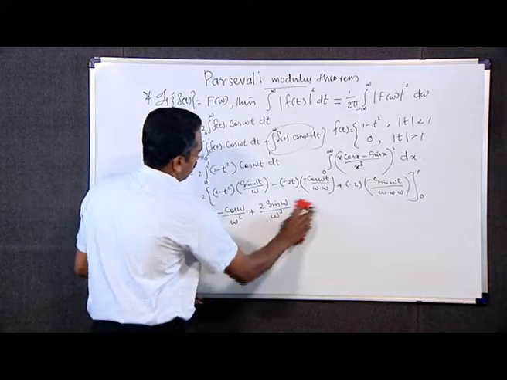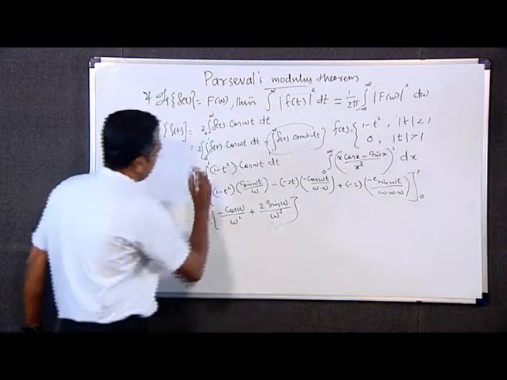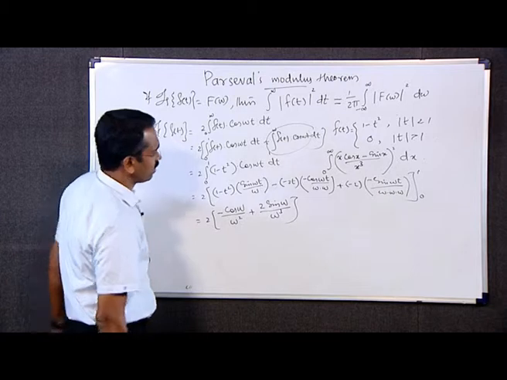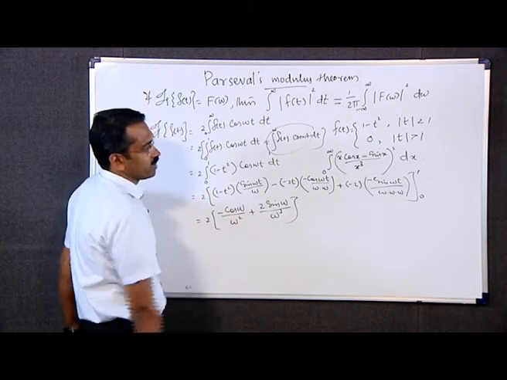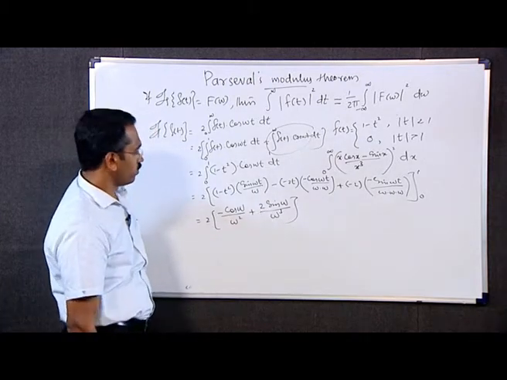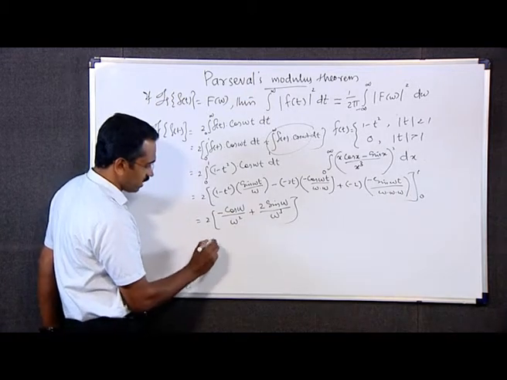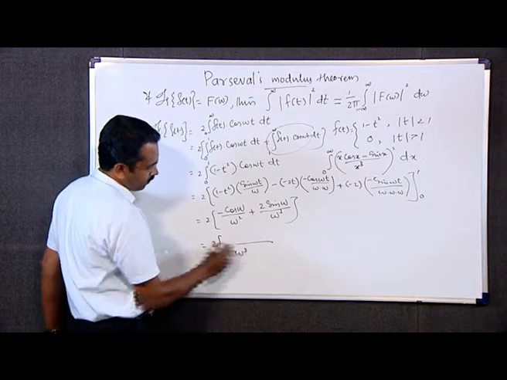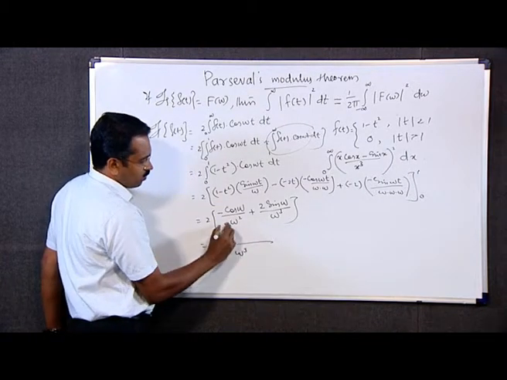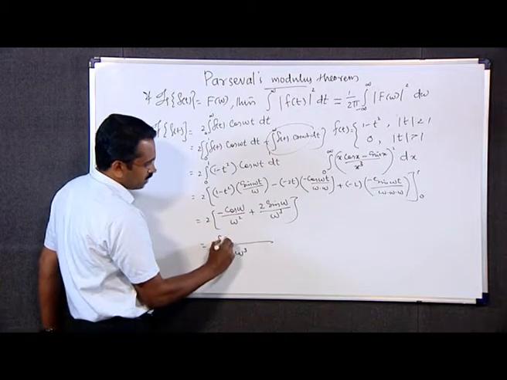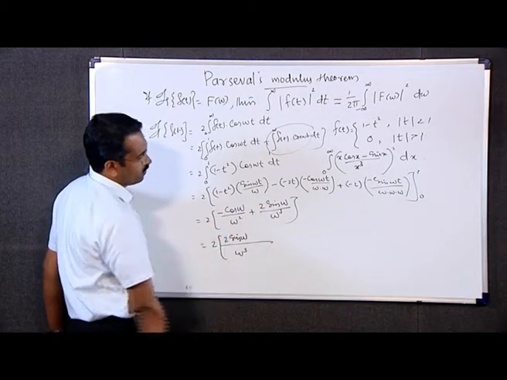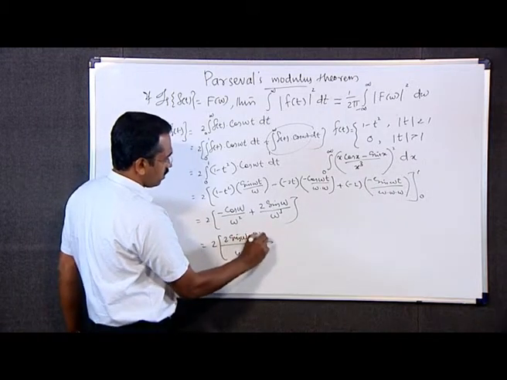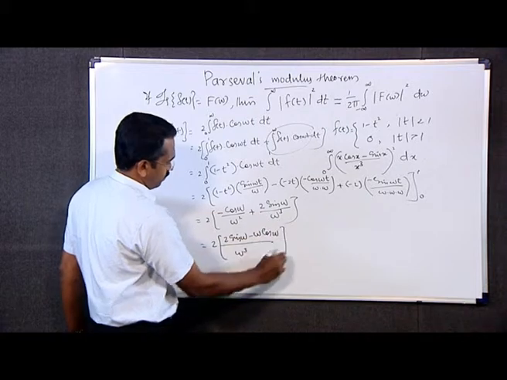Therefore, Fourier transform of the given function is 2 times minus cos ω divided by ω square plus 2 into sin ω divided by ω cube. We can write this as 2 into, ω, here 2 sin ω minus ω cos ω.